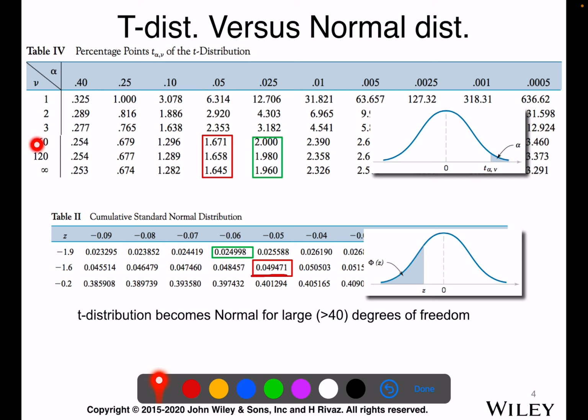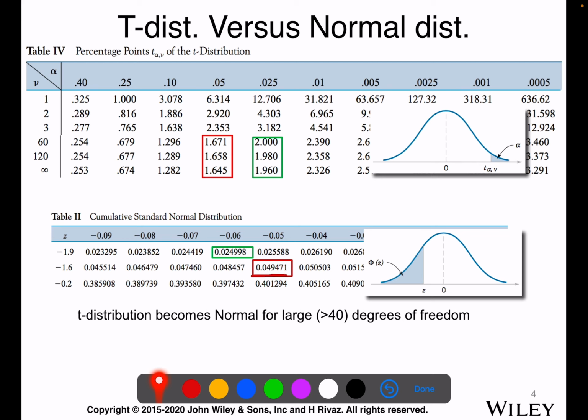Again, we see that for 61 data points, the number that we have is 1.67, and here it is 1.65, right? Quite close, right? And when we increase n from 60 to 120, then it becomes 1.66, which is quite close to 1.65 here.